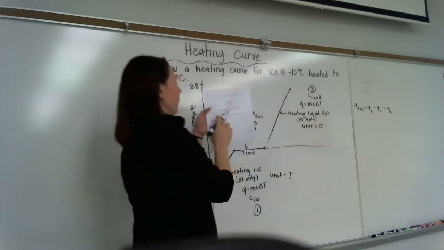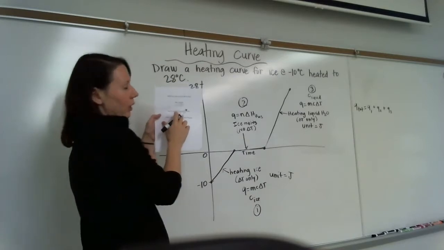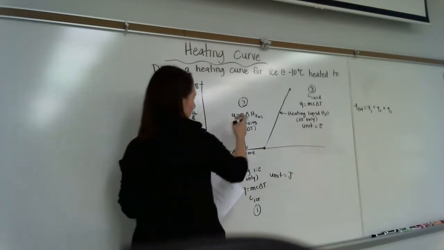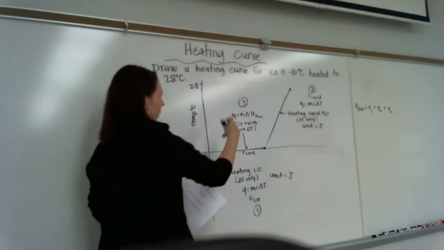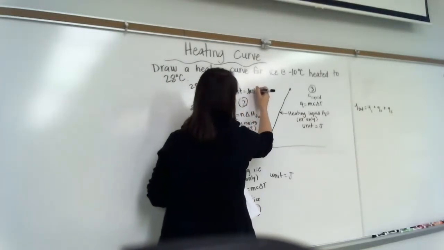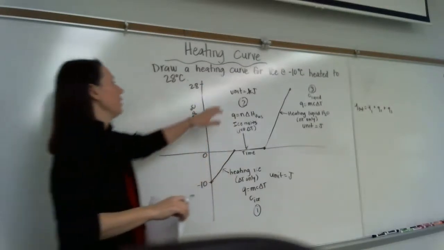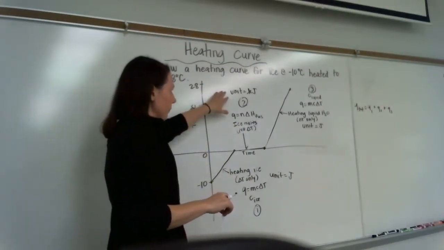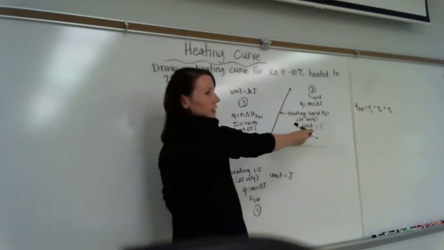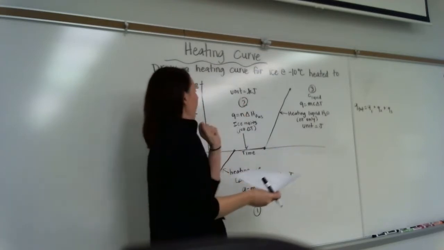But look at heat of fusion. Heat of fusion is kilojoules per mole. When you multiply kilojoules per mole times moles, the moles cancels out. So what's your unit here going to be? Kilojoules. Can you add joules to kilojoules? No. So you either need to convert kilojoules to joules or these two joules to kilojoules. I prefer to convert everything to kilojoules because I like small numbers, but that's just me.